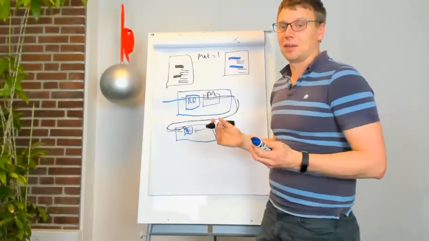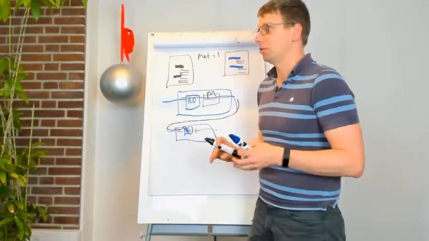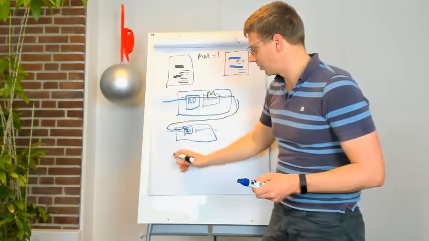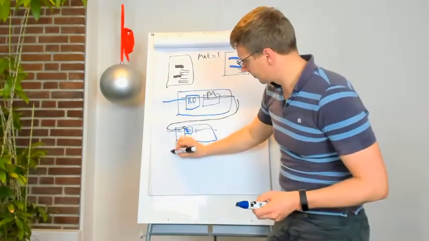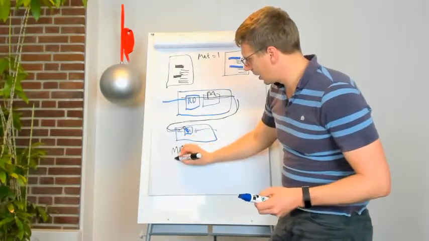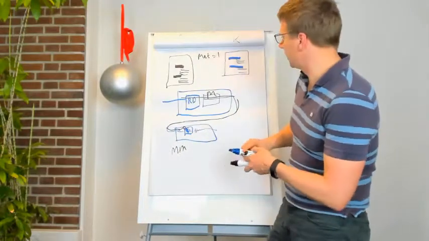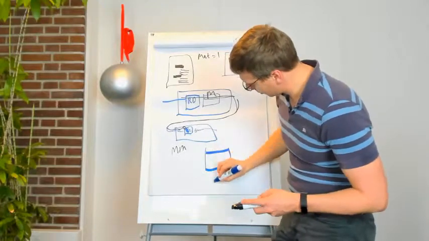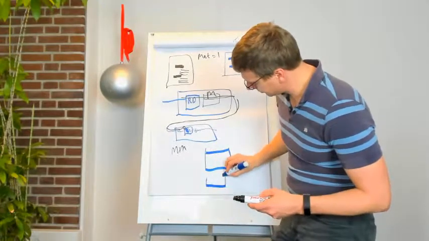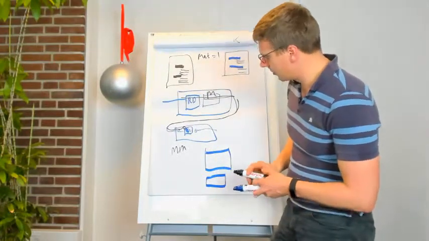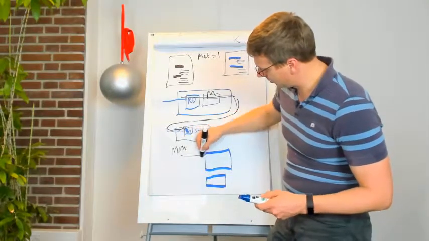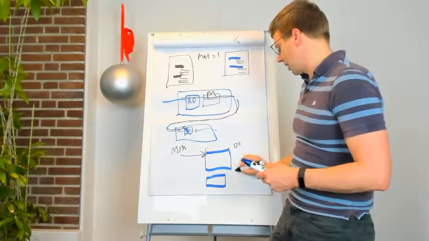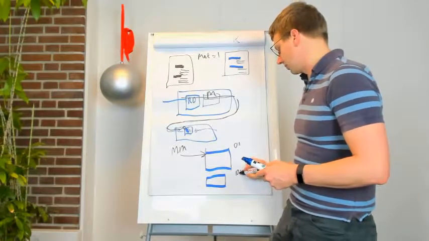And then the third solution is that in our message mapping, we'll create a multi-mapping where our target structure would be either this document or a dummy. And then we'll simply map to this structure, so this will be 0 to 1, and this will also be 0 to 1.